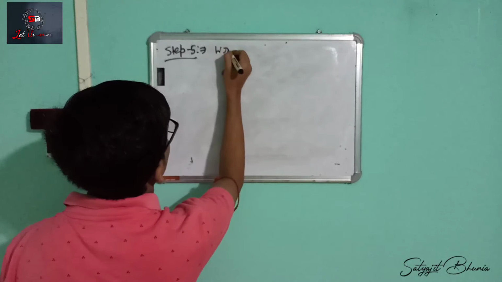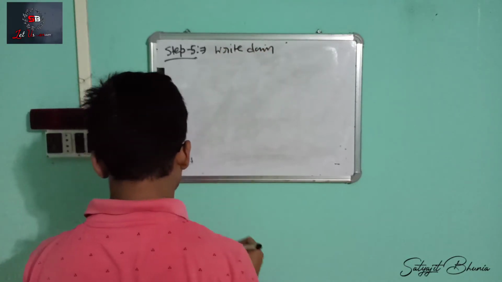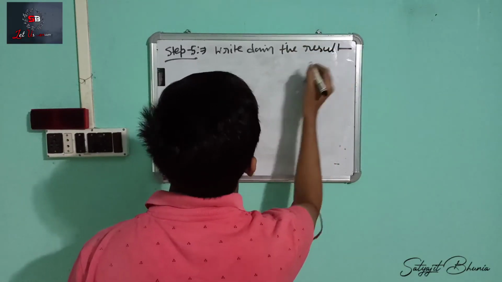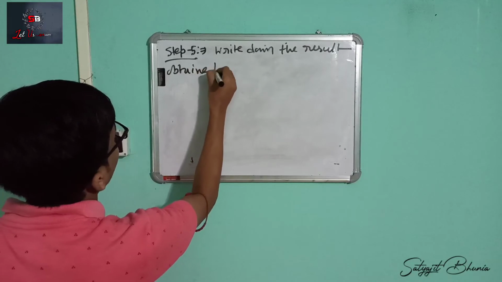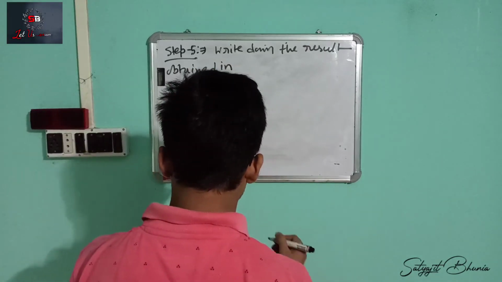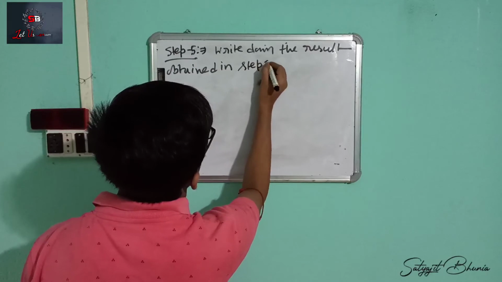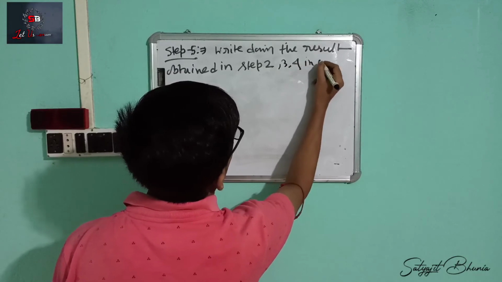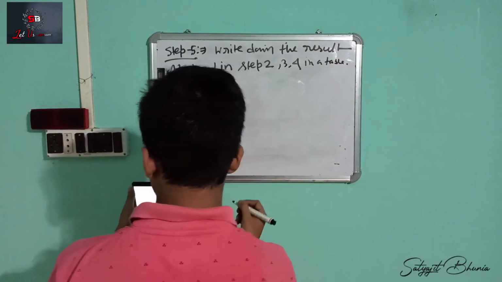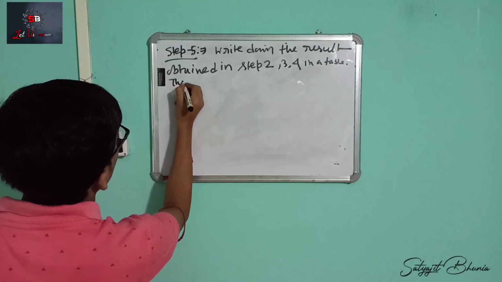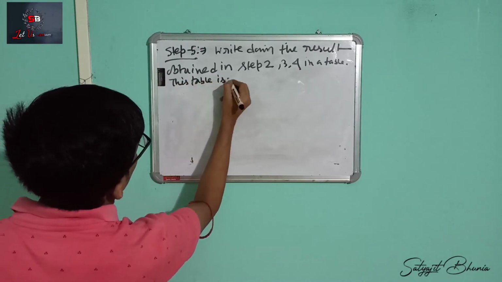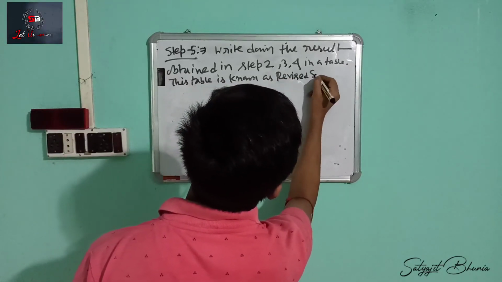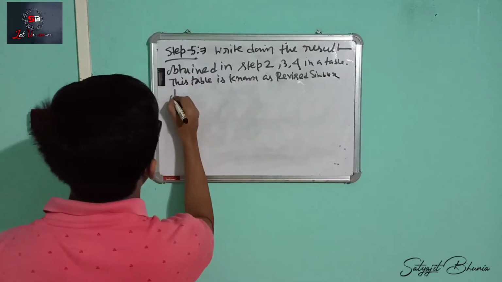Write down the result obtained in steps 2, 3, 4 in a table. This table is known as the revised simplex table.